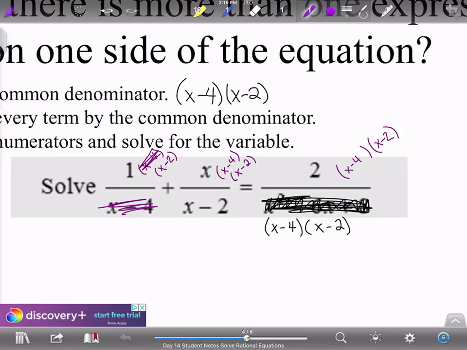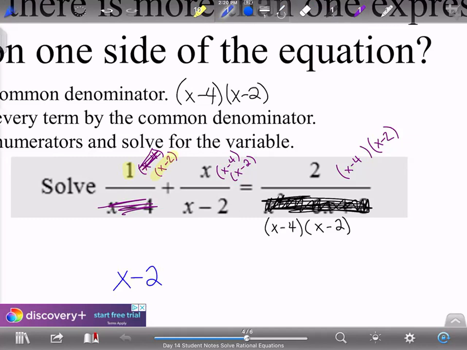That's going to leave us with just this 1 times the x minus 2. Well, the 1's going to get multiplied by the x to get 1x. The 1's going to get multiplied by the minus 2 to still get minus 2. That takes care of the first fraction, and then we're going to repeat this process on the second fraction.